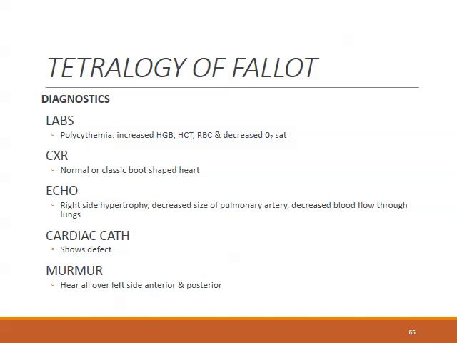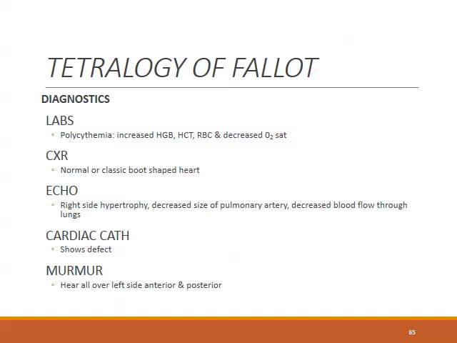Diagnostics, labs: they're going to pick up on the increased hematocrit, hemoglobin, and red blood cells, and decreased O2 sat. That will tell them that they have polycythemia. Chest x-ray is going to look normal or show a classic boot-shaped heart. An echo will show right-sided hypertrophy, decreased size of the pulmonary artery, and decreased blood flow through the lungs.